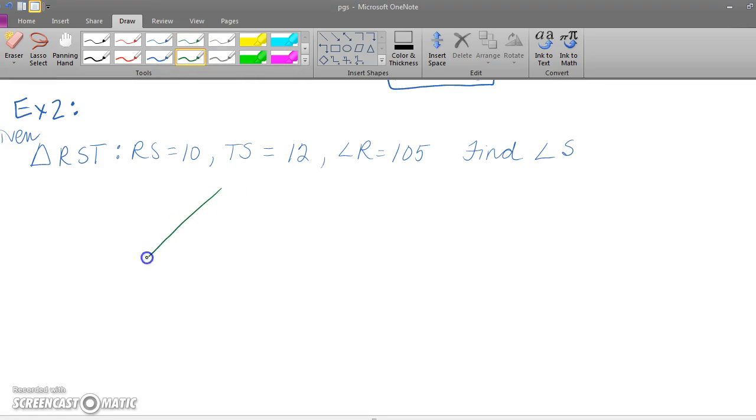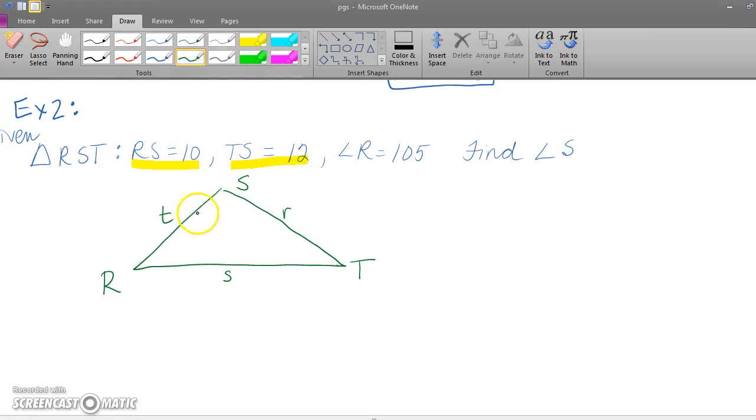The first thing we would do is draw a triangle. It doesn't really matter what it looks like, just a triangle, and put R, S, and T on it. Technically, R would be opposite little r, S would be opposite little s, and T would be opposite little t. In this problem, they just use the letters for the sides, though, like you've done before.